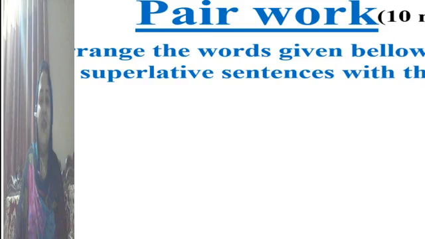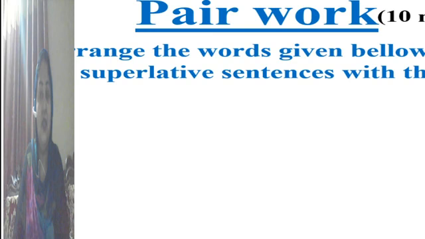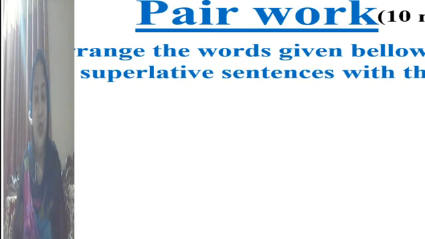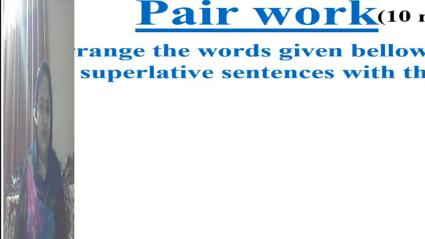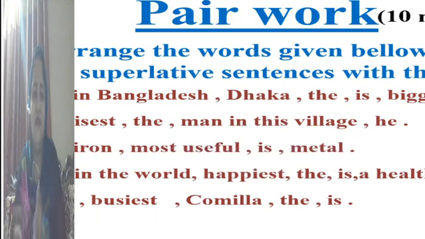So now it's time for pair work, because I discussed these topics with you in the last few moments, and I tried my level best to help you understand. What is your position? I want to see it by giving a simple work. Just look here. I will give some clues here.